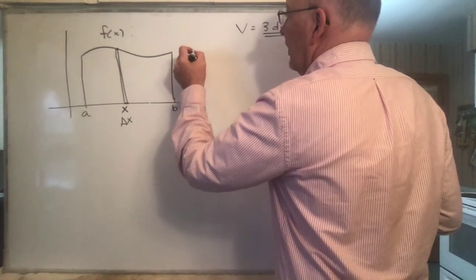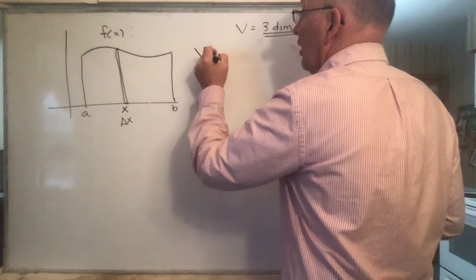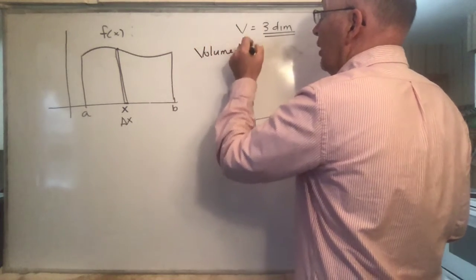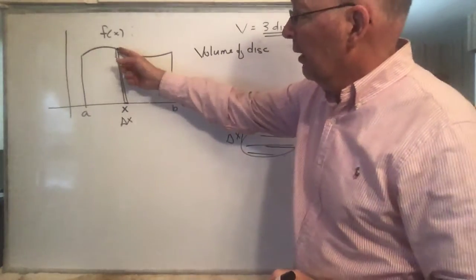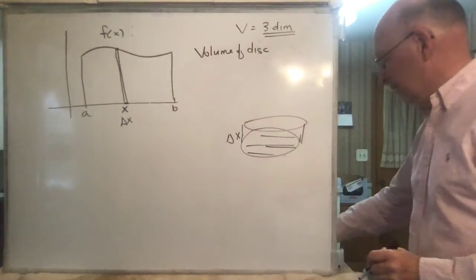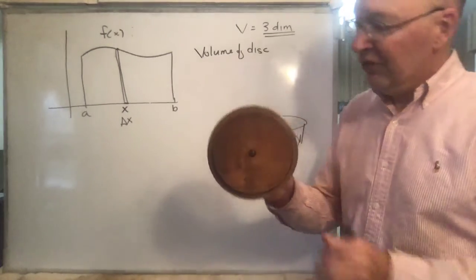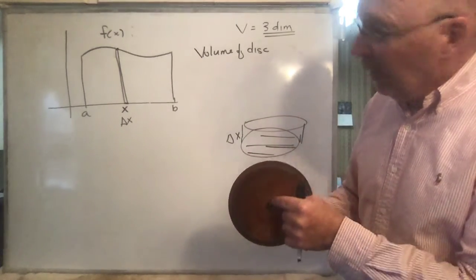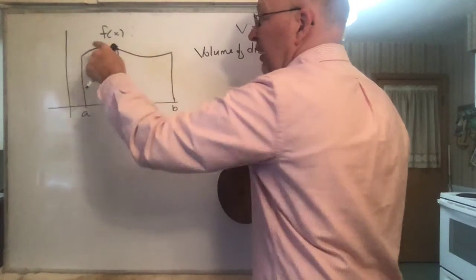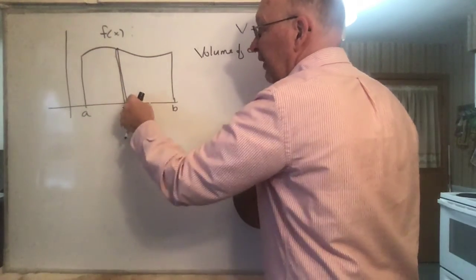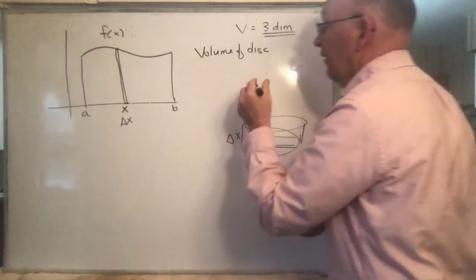So the volume of the disk is going to be this surface area. In this case, the radius is going to be this height right there, right? That's the radius, you're coming all the way around like that. So the radius is going to be f of x.